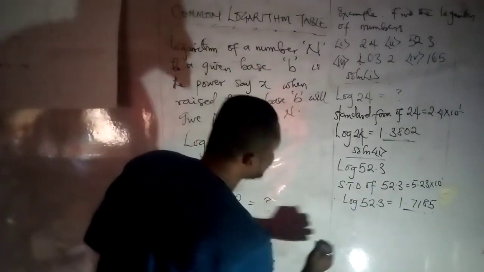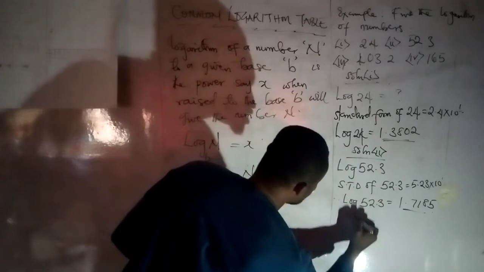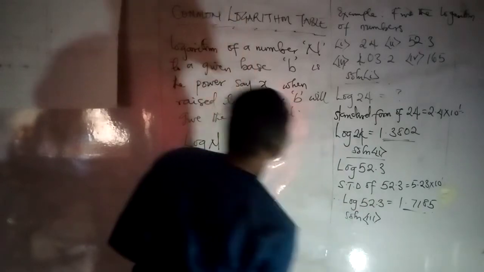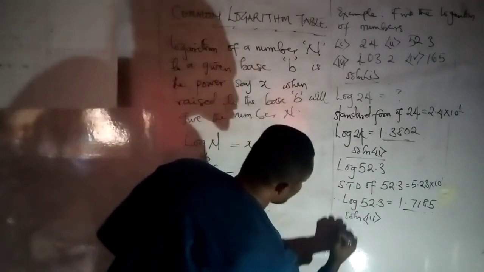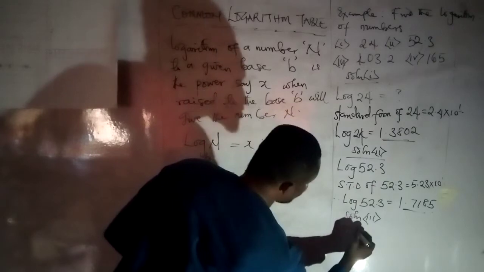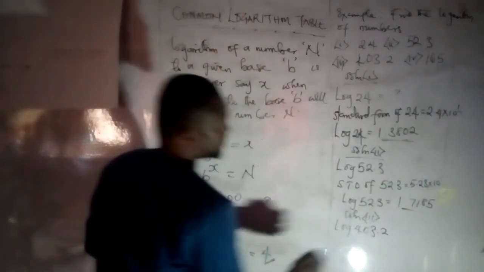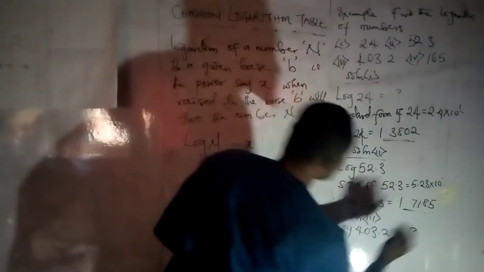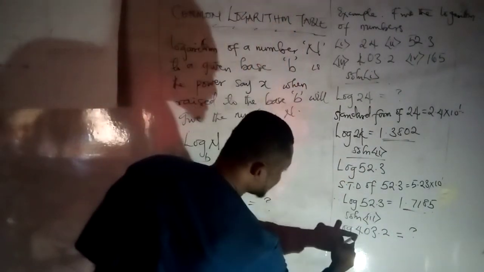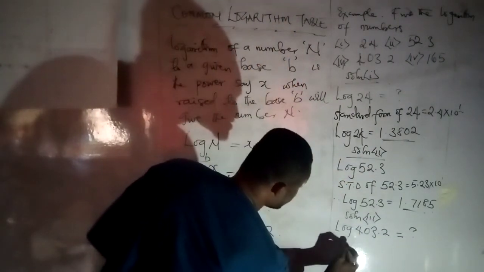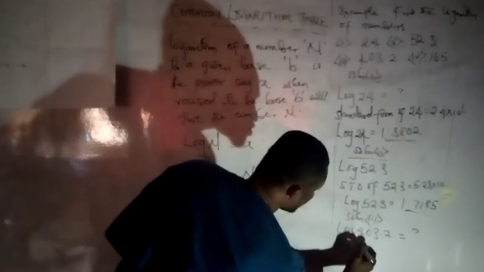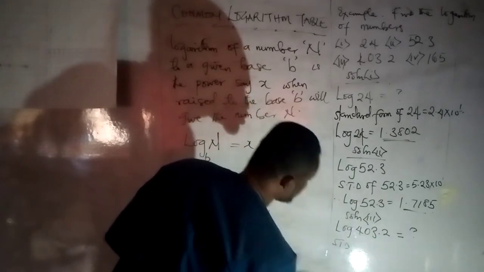Now the third exercise, solution III. We have the logarithm of 403.2 is equal to, now we have to get the standard form of 403.2.